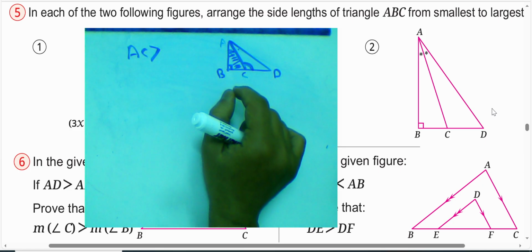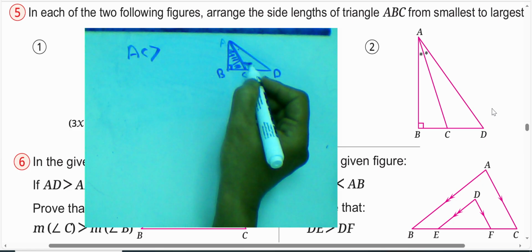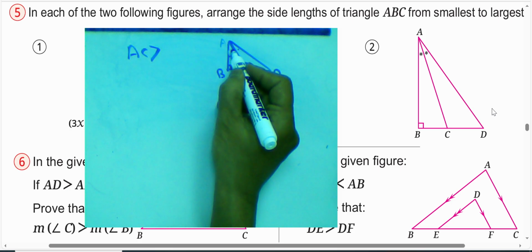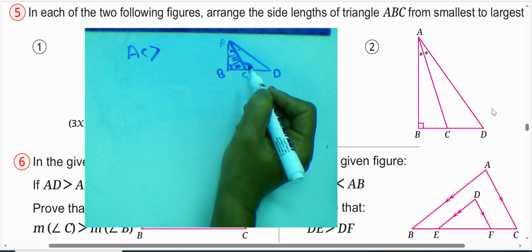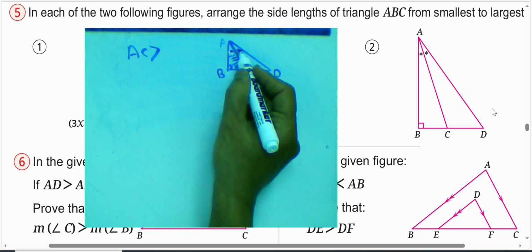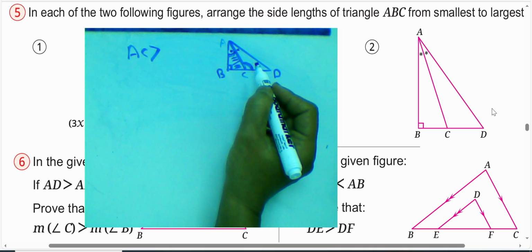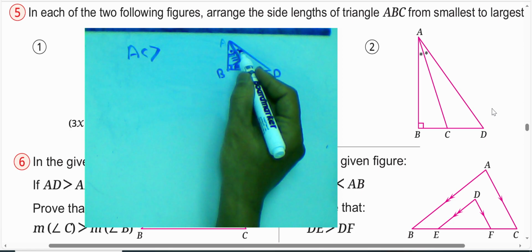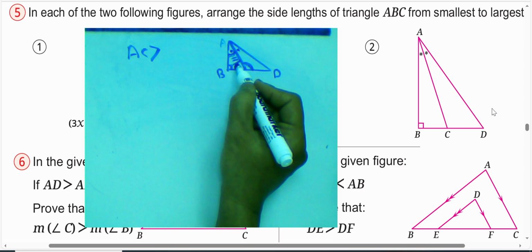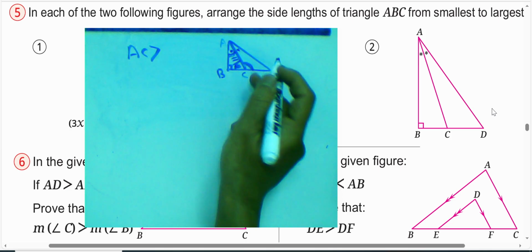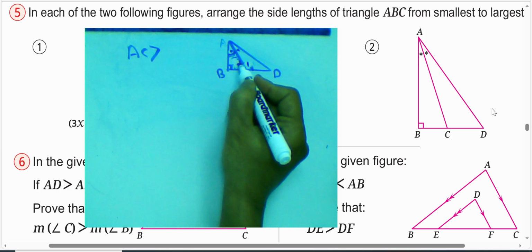AB is greater than BC because this angle is exterior, and the two angles are equivalent in measure. Angle C is greater than half of this exterior angle, and this exterior angle is greater than this angle. Look, I will put here angle 1 and angle 2.